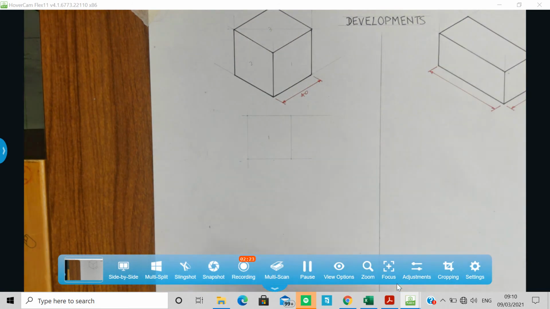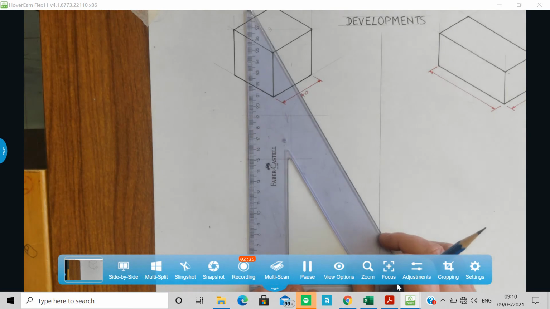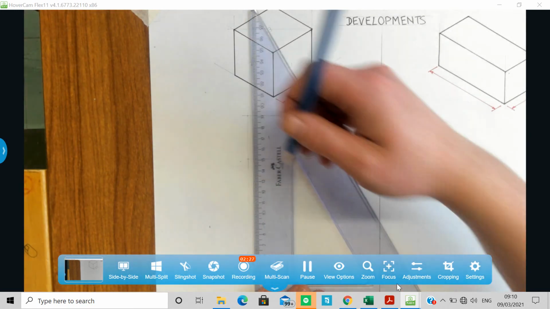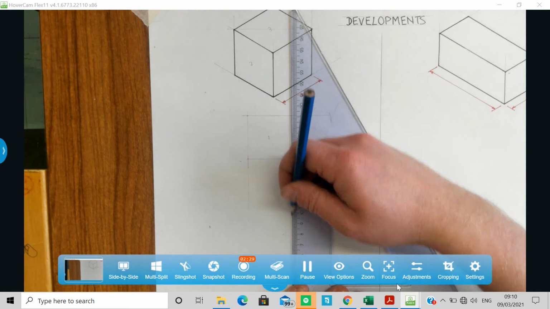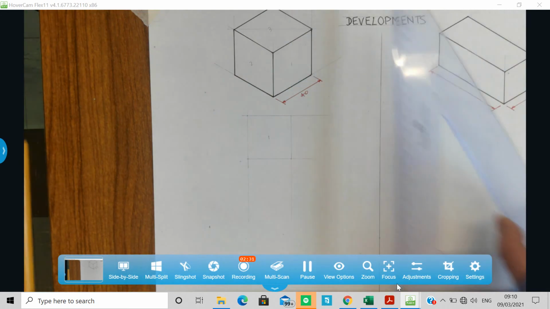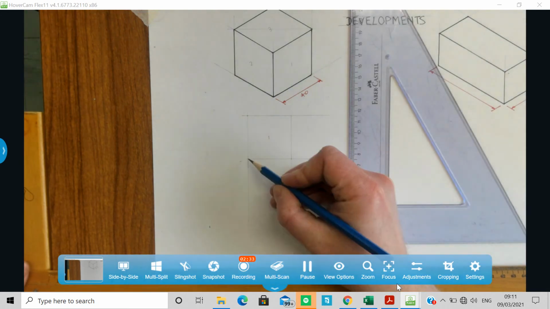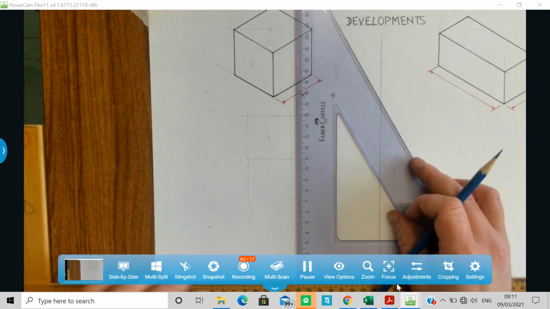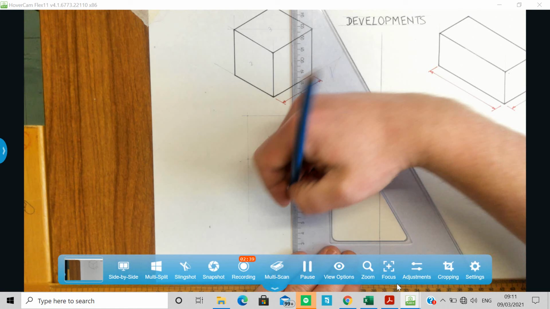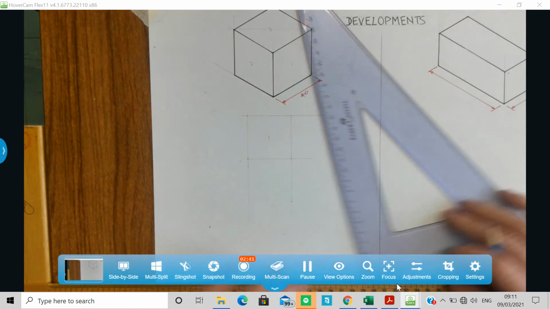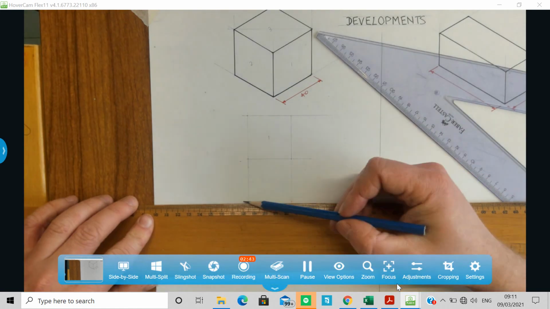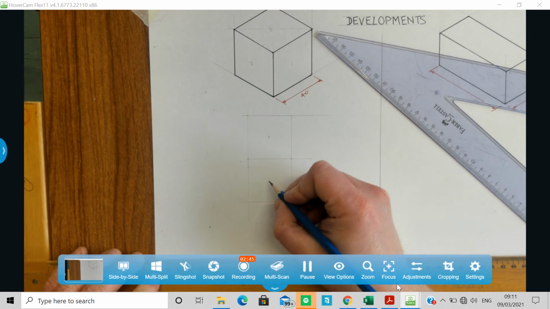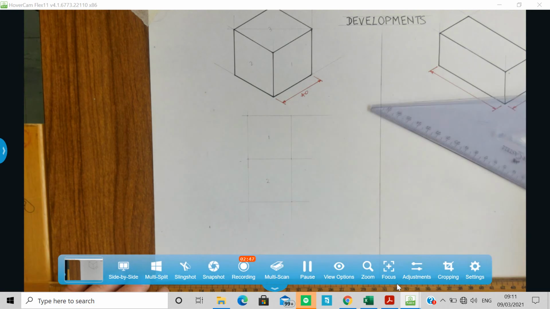Okay, let's do another one. Again, remember, I have to keep it joined together. Okay, so I know that that's 40 mil, so I've just made the lines a little bit longer, and now I can measure my 40 mil again. Okay, and there's my box 2. And I keep going.